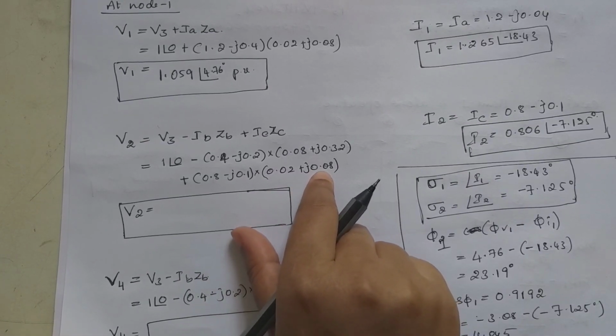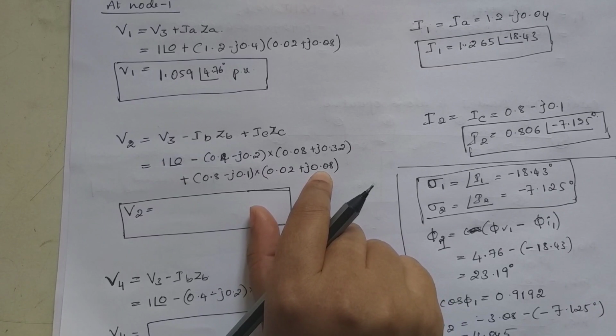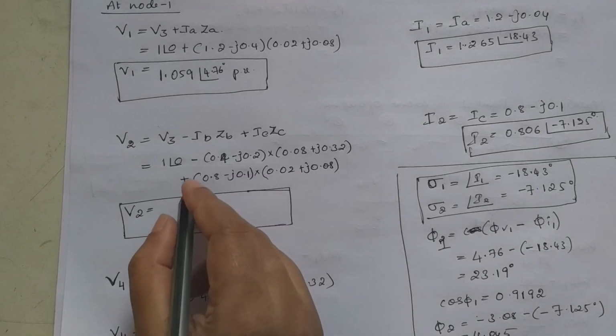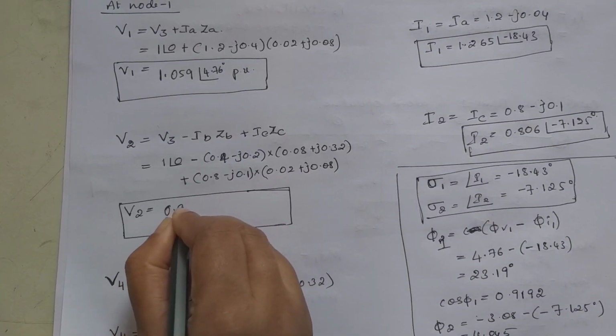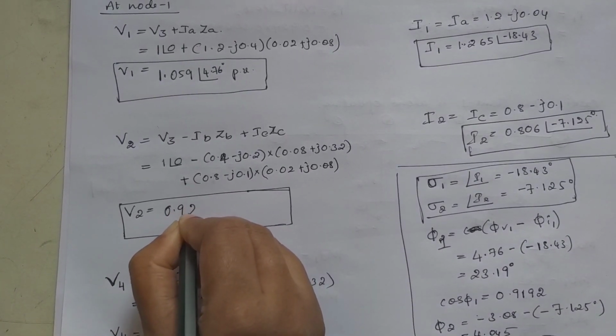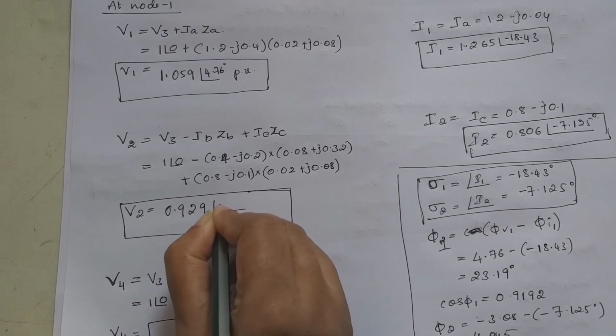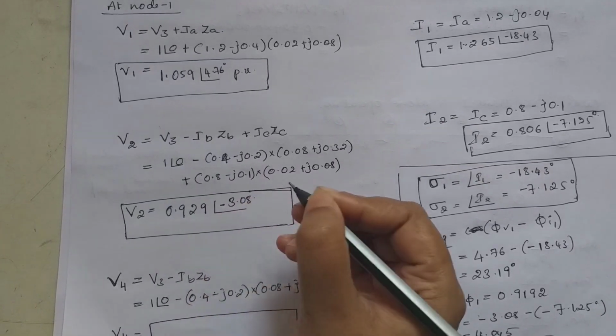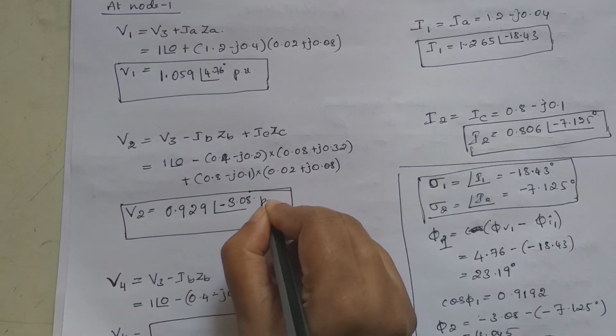We get 0.928 minus J 0.05. Converting it into polar form, we get 0.929 at an angle minus 3.08 degrees, per unit.